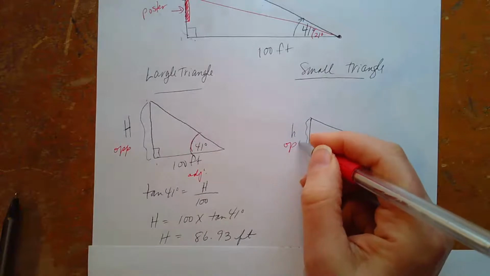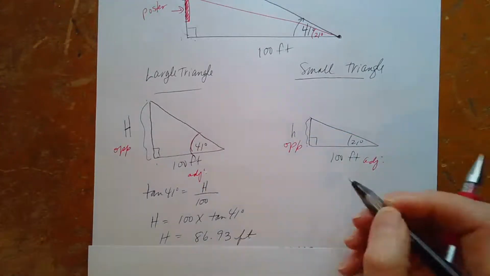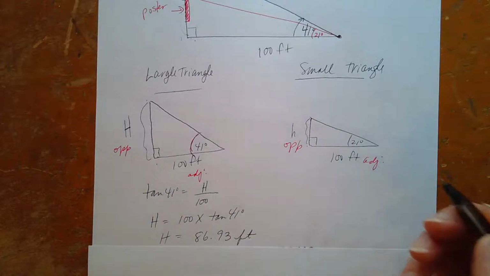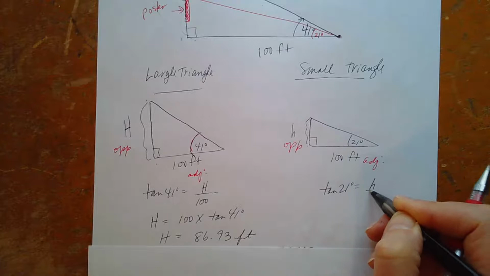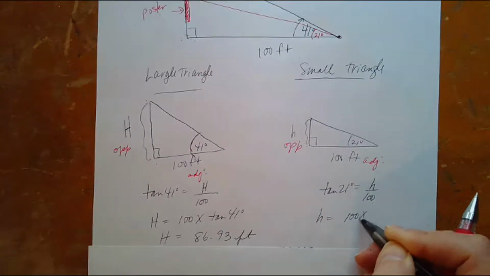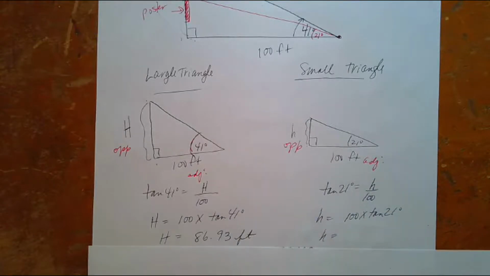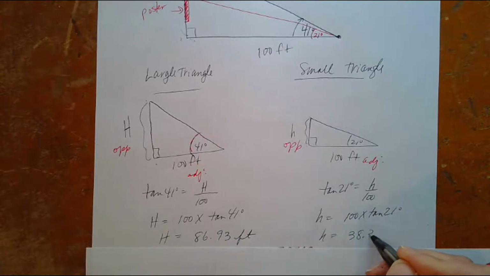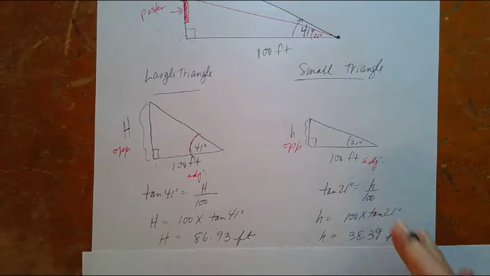And this one, it's the same setup, right? It's going to be opposite over adjacent, except it's going to be a much smaller height. So again, it's got to be tan. So tan of 21 equals little h over 100. Little h equals 100 times tan 21 degrees. Little h equals 38.39 feet.